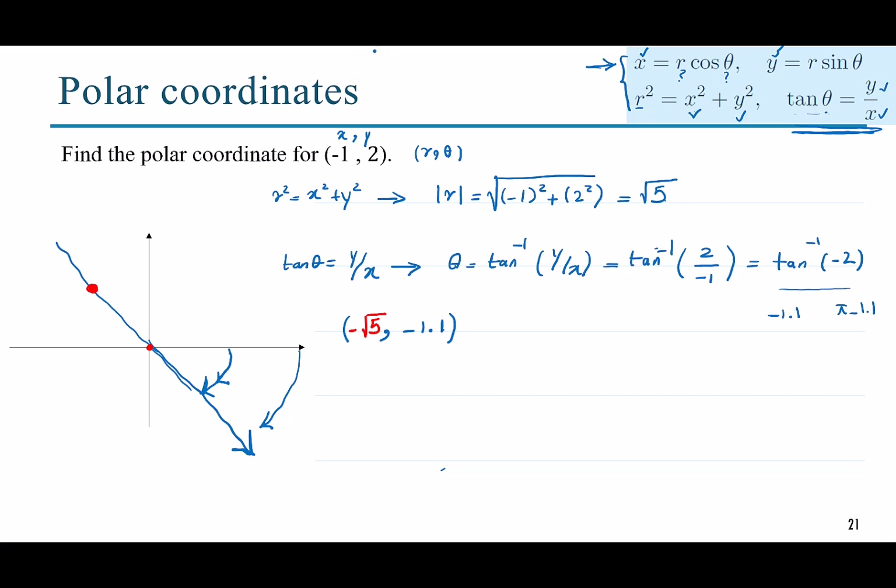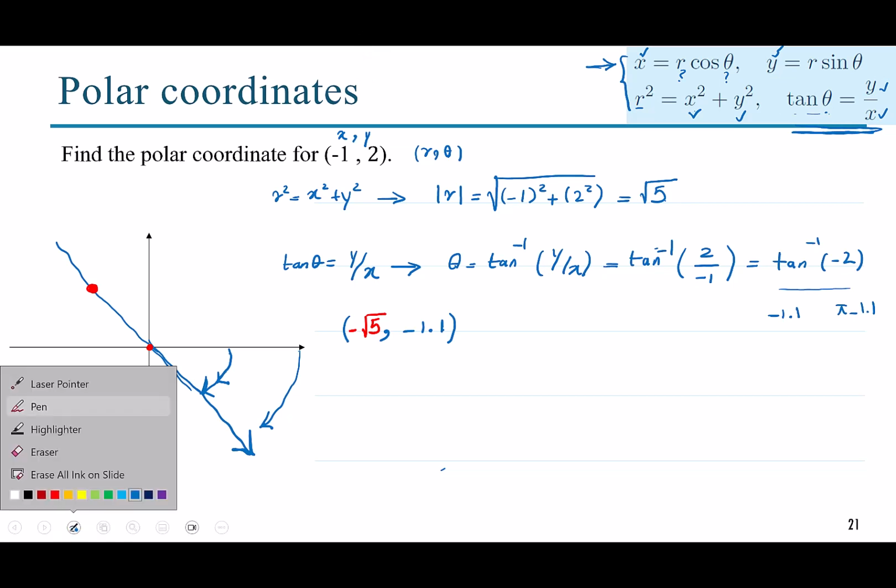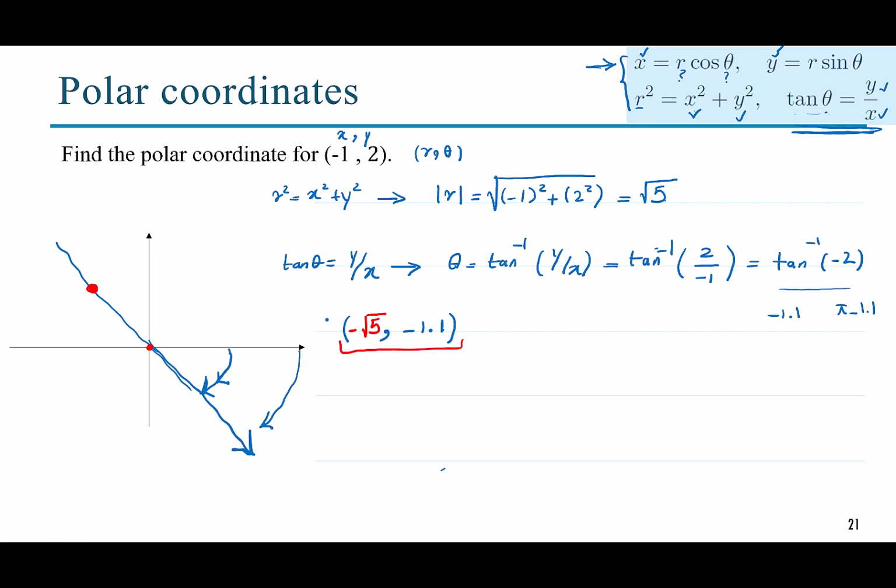To be sure you got the right polar coordinates, let's reverse the whole thing. We have this polar coordinate, and let's turn it into x and y using these two formulas.